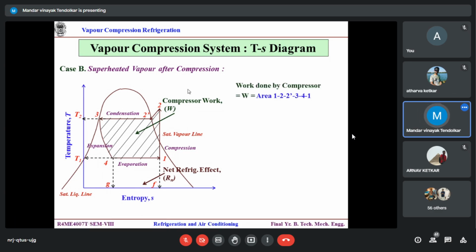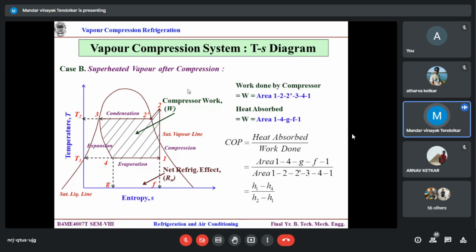Again, logically your heat absorbed is the same as 1 to 4. But now you can see that point 1 is shifted to the right-hand side. So that means the refrigeration effect is increased. Do you agree? Whereas in the denominator, the work done earlier was like this, but now it is higher.